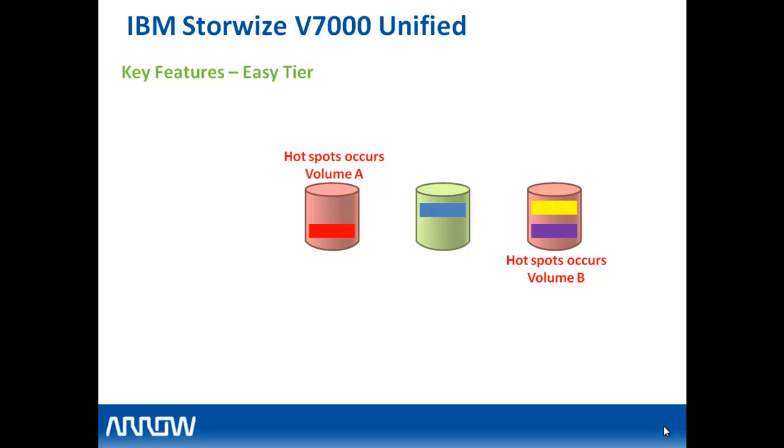We also have the capability to do that with a second volume so that we can actually migrate multiple hotspots onto a single SSD. This gives us the capability to really heavily get as much performance out of our investment in SSD, and to be able to remove the hotspots and lower the overall overhead on the disk storage subsystem, or the V7000 in this case, so that we can optimize and get best use out of our asset.